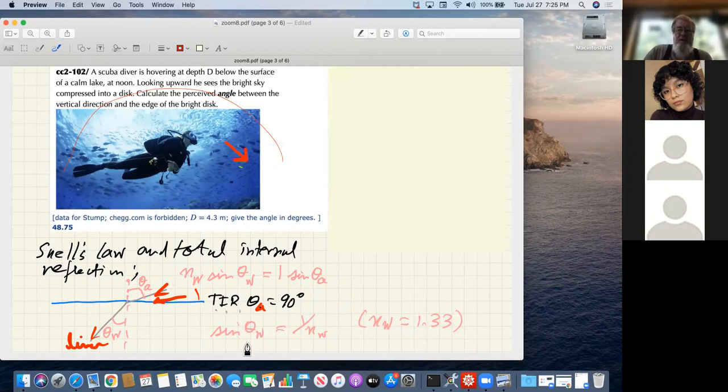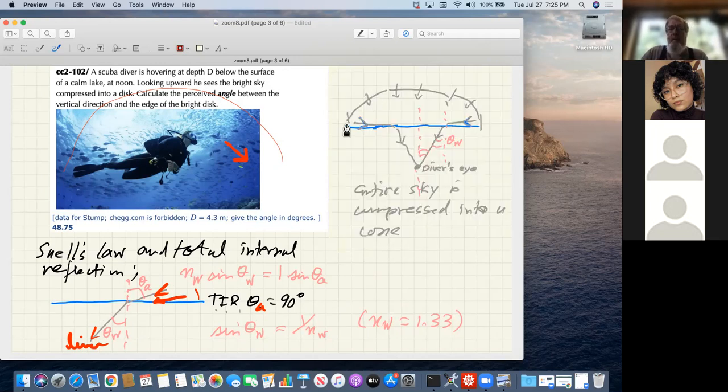So this equation, arc sine of 1 over N_W, will be the characteristic angle for the edge of this bright region. Let me draw another picture. We have light coming in from the sky in all directions.